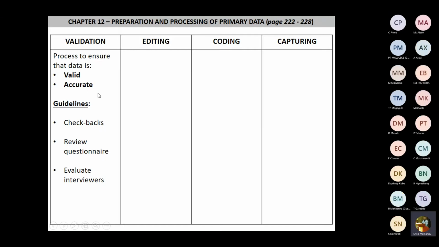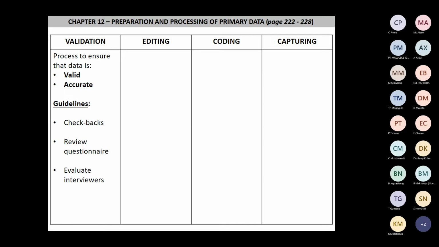So the question is, how do we do that? In research, we have 3 guidelines that can help us validate the data. You can highlight these on page 257 as well. The first one is checkbacks. Highlight the first sentence under checkbacks: between 10 and 20% of respondents whose names appear on the questionnaire are called or telephoned to check that they were in fact interviewed.